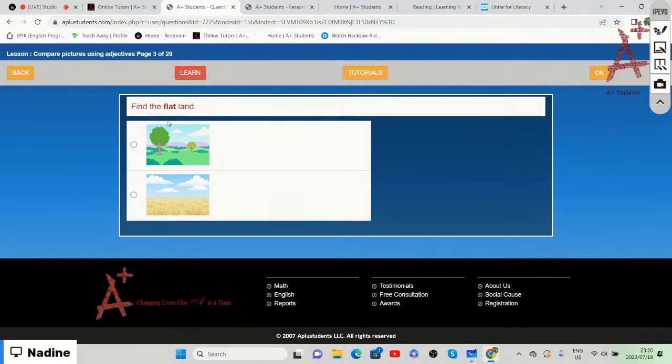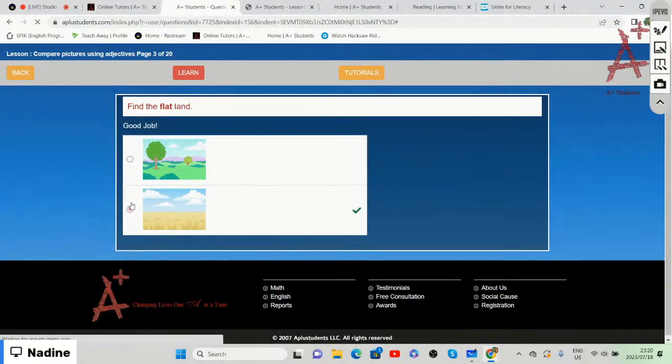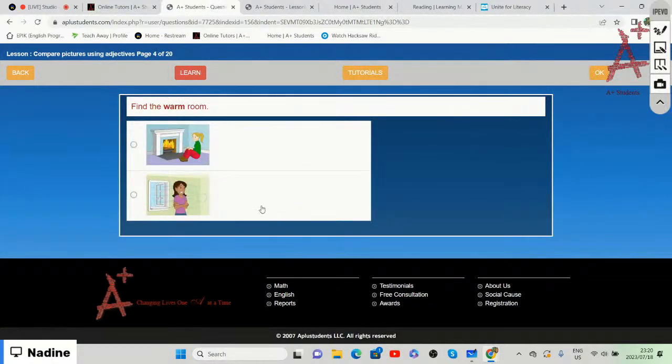Is it option one or option two? All right. Let us choose one. So the flat land, there's no hills, there's no mountains, and that is option 2.